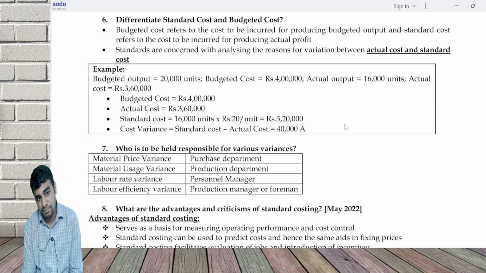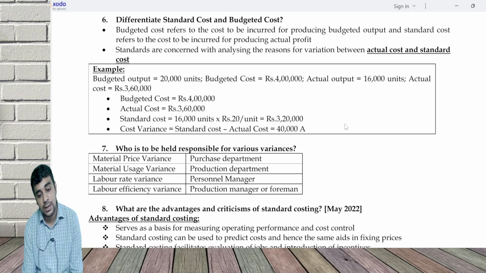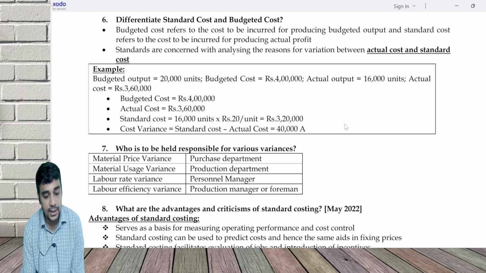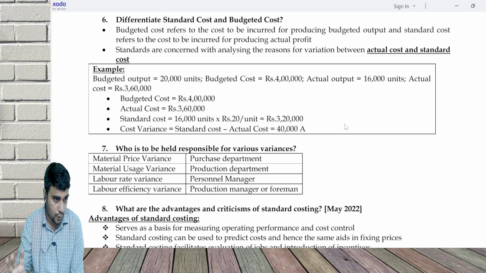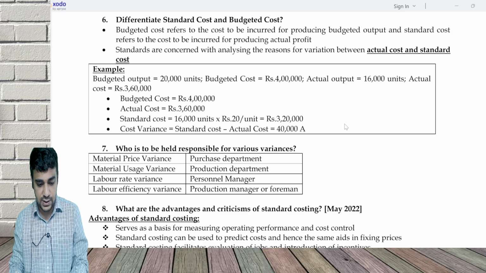Price variance, purchase department; usage variance, production department; labor rate variance, HR manager; labor efficiency, again it can go to production or foreman. Who is a foreman? A foreman is a person who is responsible for the production. Let's write the responsibility part.